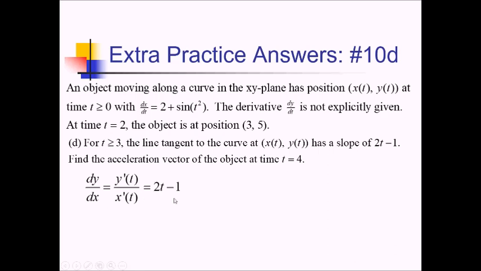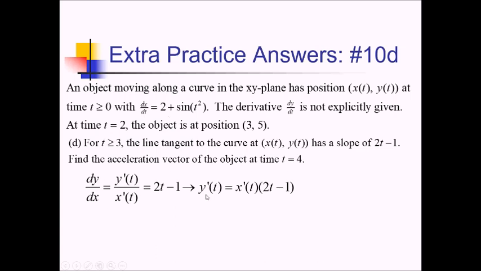And the reason that's important is because if I wanted to, I could define y prime of t by just multiplying both sides by x prime of t. I could write y prime of t equals x prime of t times this 2t minus 1 stuff. And now I actually have a definition of y prime of t. It's defined in terms of x prime, which we already have a function for.